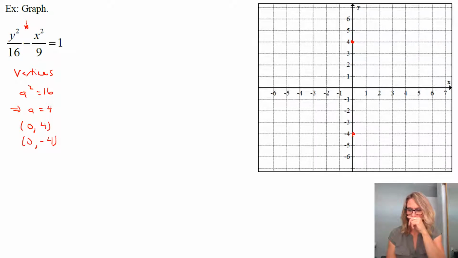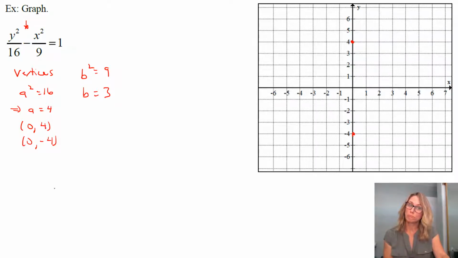So we have our vertices because a is 4, just by definition of what a is. And then notice that b is 3, and that's simply because we know that b squared is 9, so that tells us that b is 3.